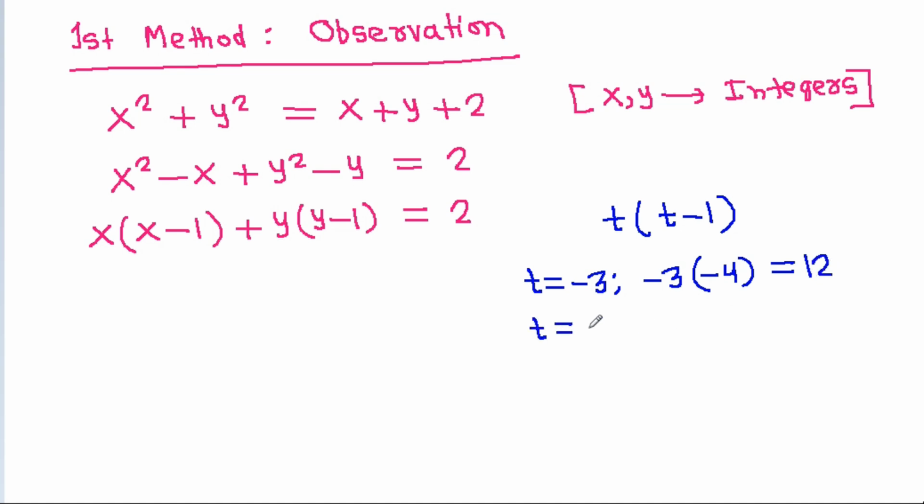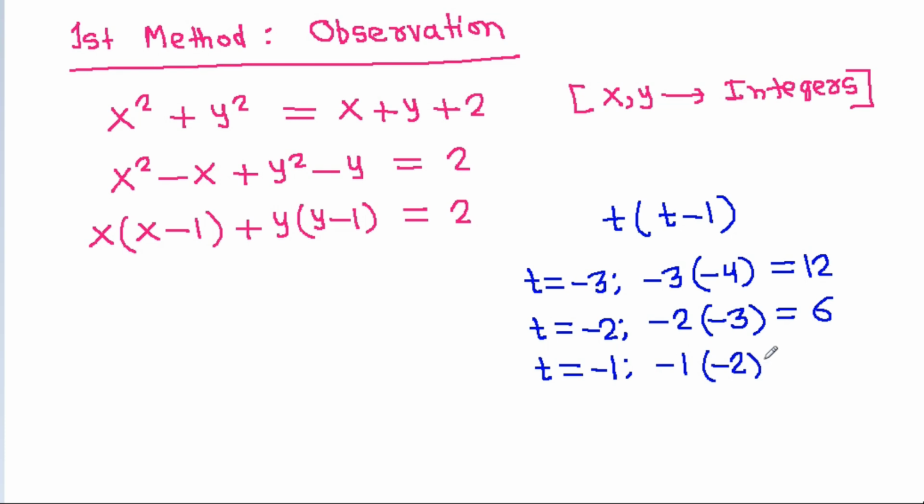At t is equal to minus 2, it is minus 2 times minus 3, that is 6. At t is equal to minus 1, it is minus 1 times minus 2, that is 2. At t is equal to 0, it is 0 times minus 1, that is 0.